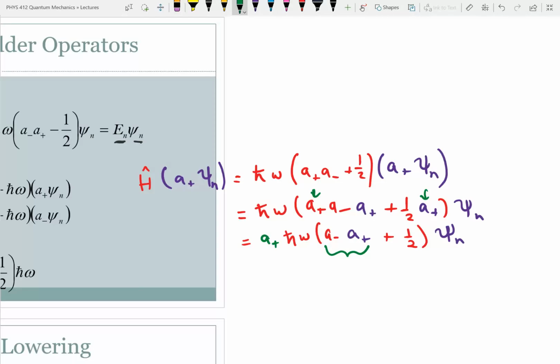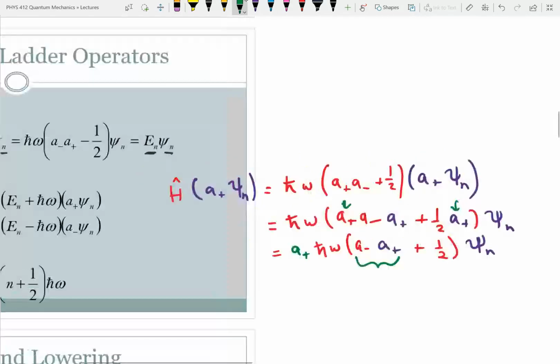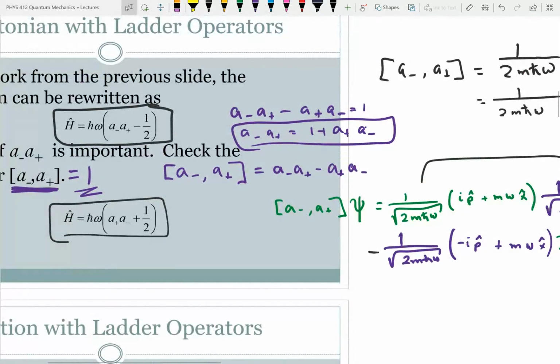This here, based on the commutator we just did, we had A minus A plus is equal to 1 plus A minus. Right, that's this here.